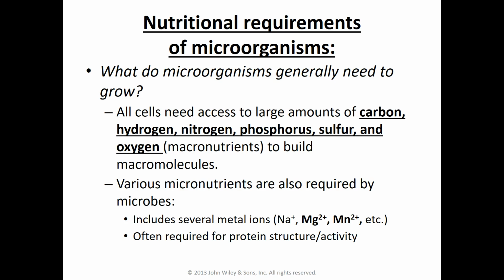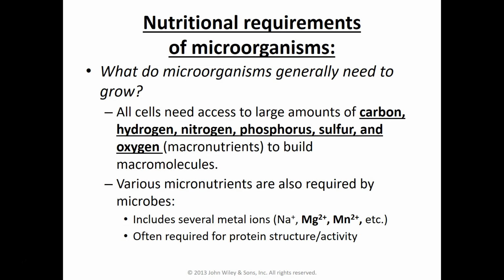You need it for accepting electrons. These you need in very large amounts. Why? Because when we look at pictures in a moment of those molecules we just talked about, you find these, right? These are what make those molecules.